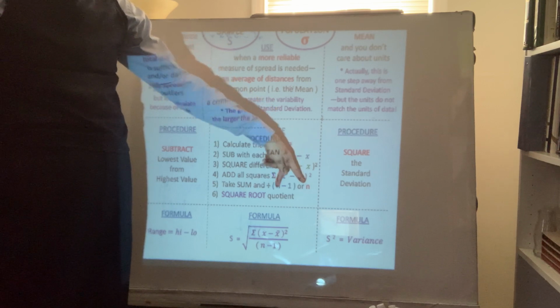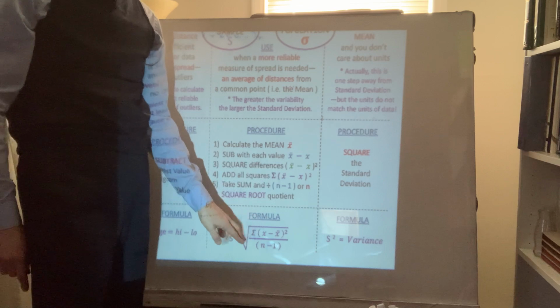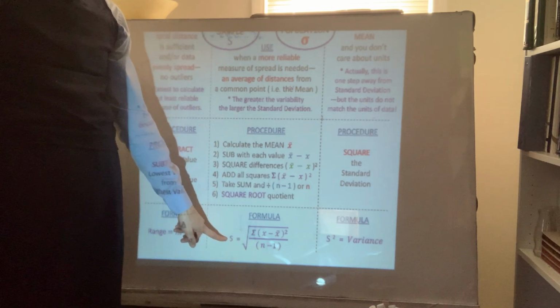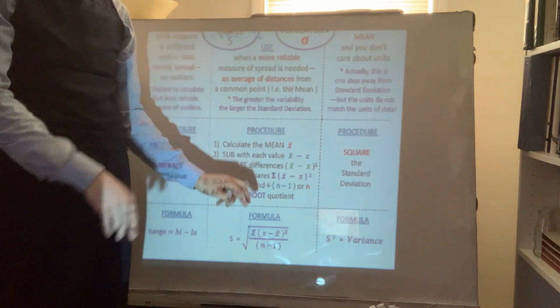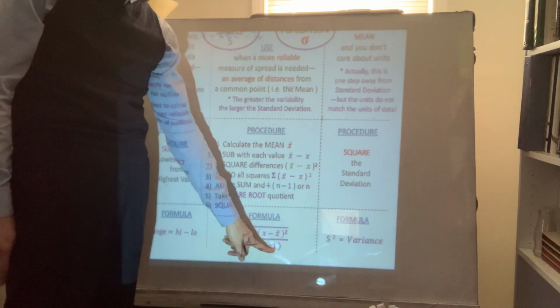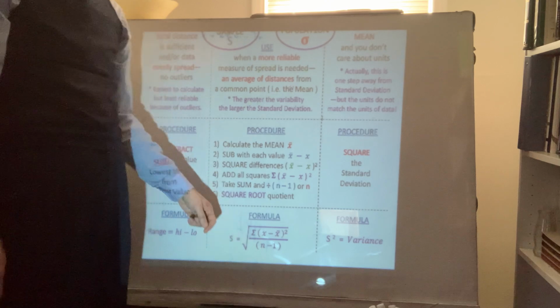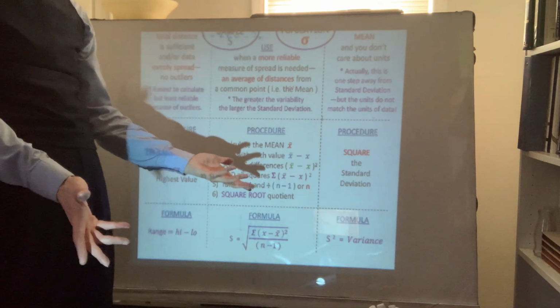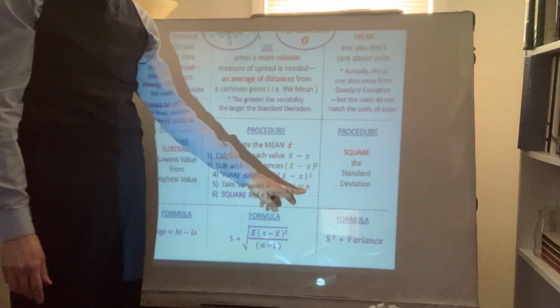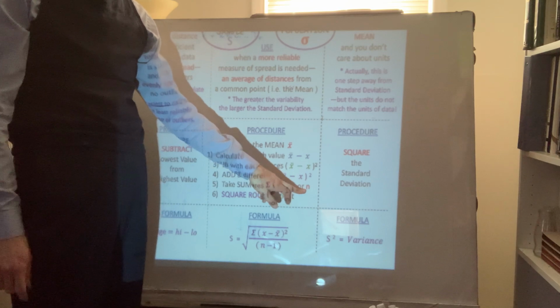Why blue, why red? Because if you're calculating the standard deviation of a sample, it's not the whole population, so you would use one number lower. If you are calculating the standard deviation of a population, then you just use the cardinal number n, how many numbers there are.